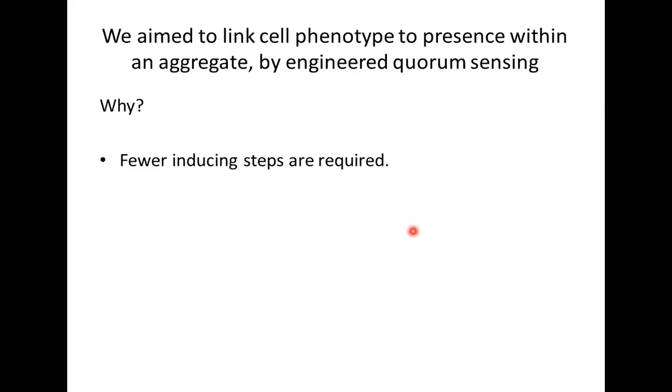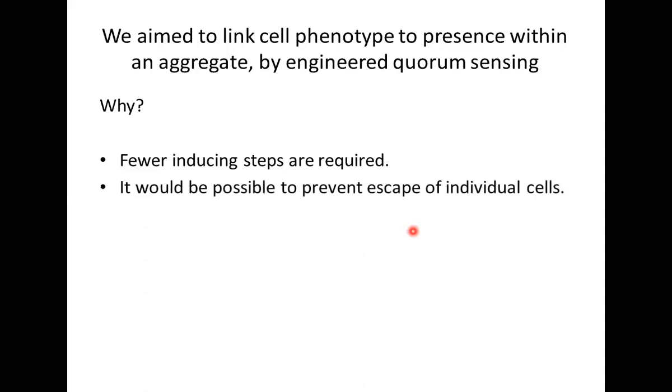You would much rather have it that the aggregation is right away triggering the function that you want that bacterium to have. Second, it might be possible to engineer something that allows you to prevent the escape of individual cells.